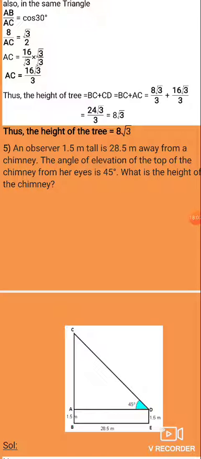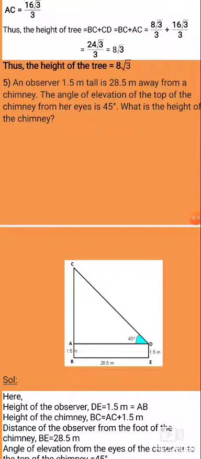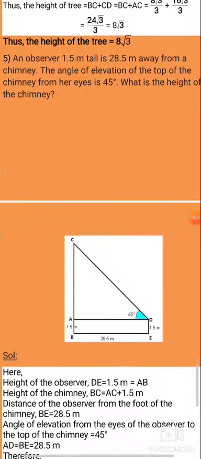Clear? For that, first listen carefully. We can take the height of the observer DE equal to 1.5 meter, which is the same as AB. Height of the chimney BC is equal to AC plus 1.5 meter. Now the distance of the observer from the foot of the chimney, BE, is 28.5, which is the same as AD, 28.5.